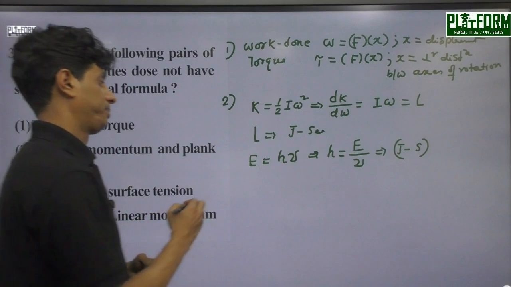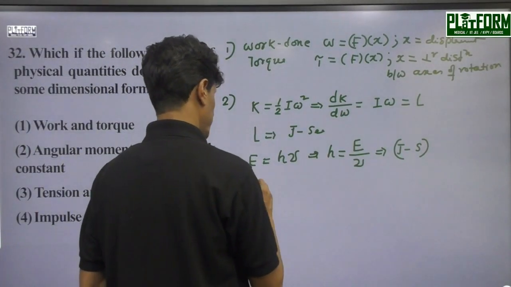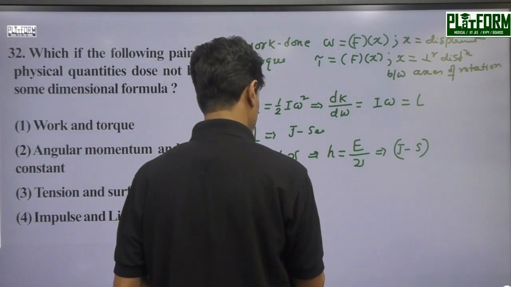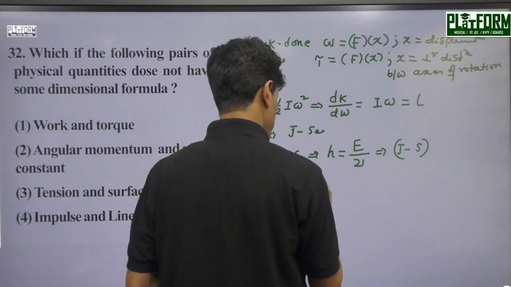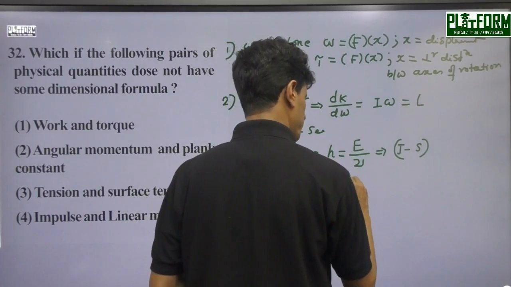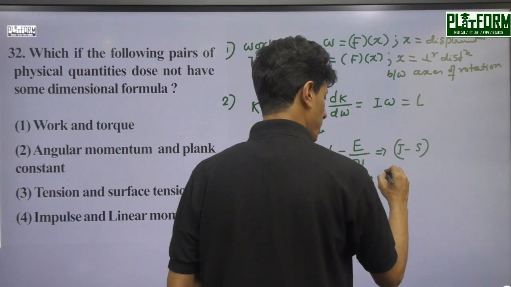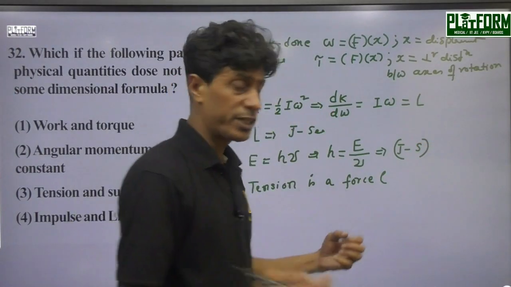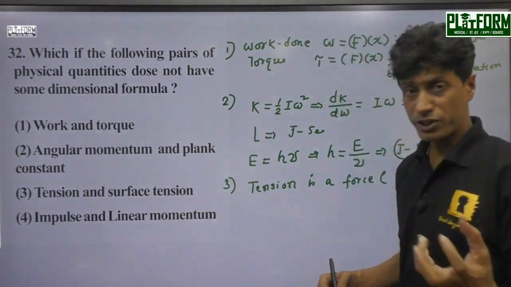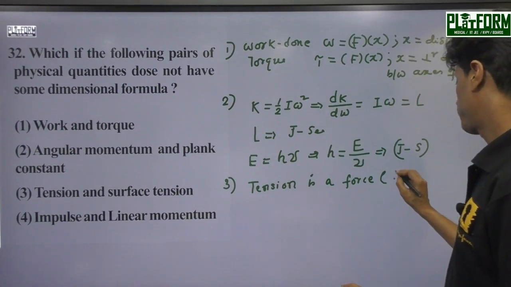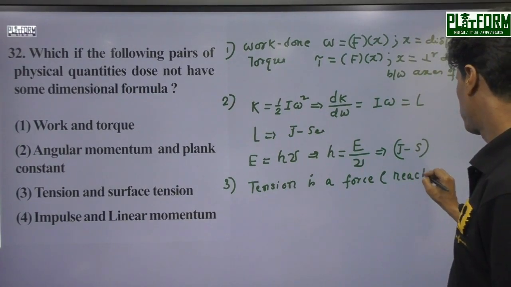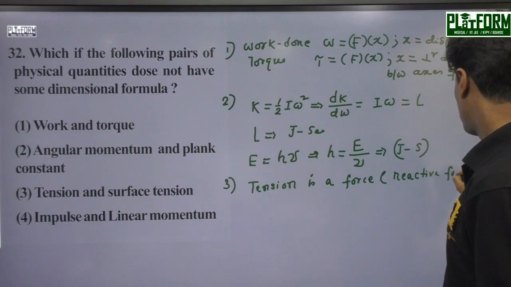Number 3, tension is a force, or better to say it is a reactive force. It is the reaction by the string on the body. It is a reactive force.